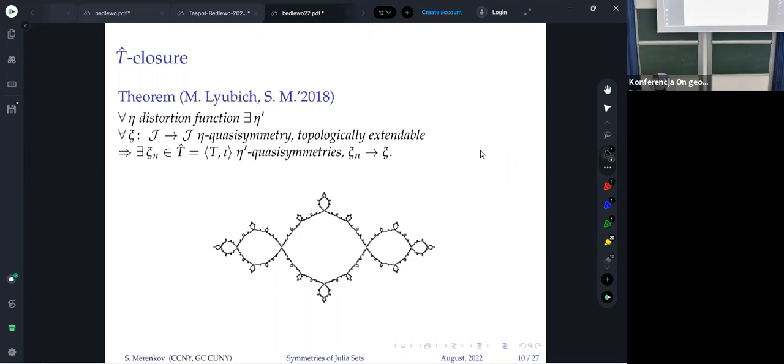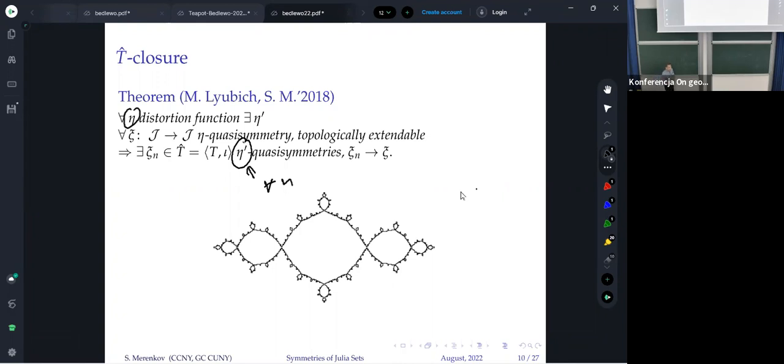And the important subtle part is that you can make them uniform. So this eta prime is the same for all n. For any distortion function eta, you start with an eta-quasisymmetric C, and then there is a distortion function eta prime, maybe different, so that C can be approximated by a sequence of C_n with the same distortion.